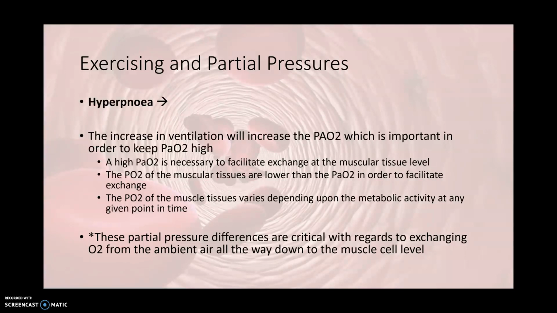The partial pressure in the muscle tissue varies depending on the metabolic activity at any one point in time. But that's why it's very important that we keep our small P a O2 high, because we want to facilitate exchange efficiently at the muscle tissue level, especially when exercising. These partial pressure differences are critical for exchanging oxygen from the ambient air all the way down to the muscle cell level.